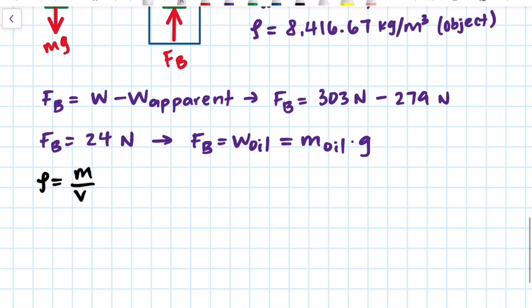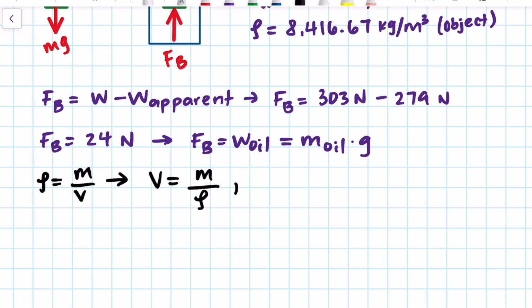So I'm going to use this formula because I said things without a subscript pertain to the object. In this case, with a little bit of algebra, we can find that the volume of the object is the mass of the object divided by the density of the object, which we found in the last problem.